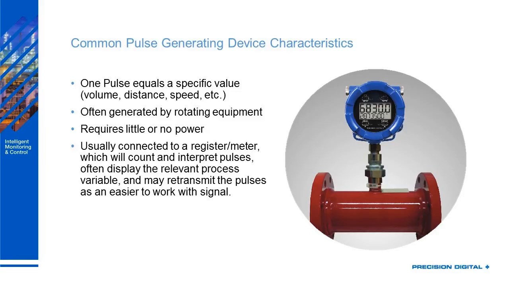There are reasons which we'll cover in the pros and cons about why you can't send pulses long distances, but usually if you're going to be sending this back to a control room or some other piece of remote equipment, you're going to want to convert it over into a 4 to 20 milliamp signal. So oftentimes your register would be the thing to do that. You would have something like you see in the picture here, a register or totalizer mounted directly on the flow meter, and then if you wanted to, you could have a 4 to 20 milliamp line just coming out of this and going off to your control room.